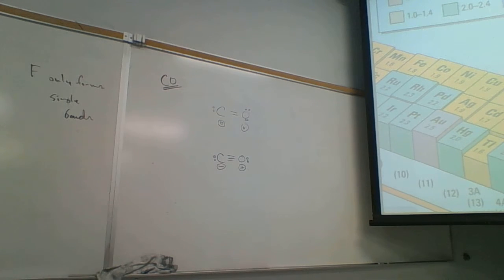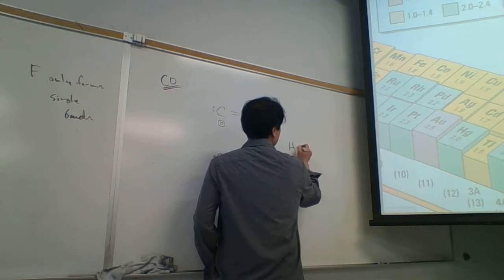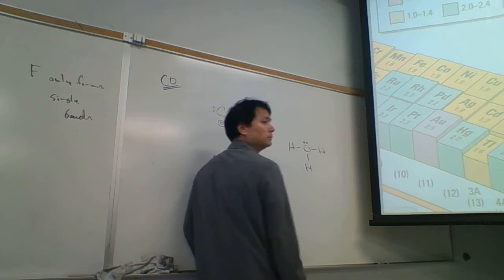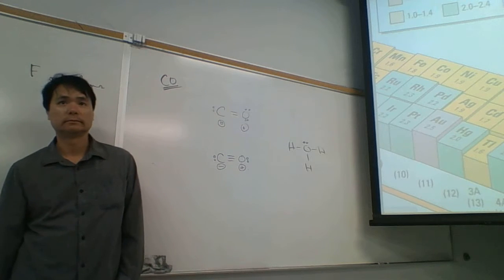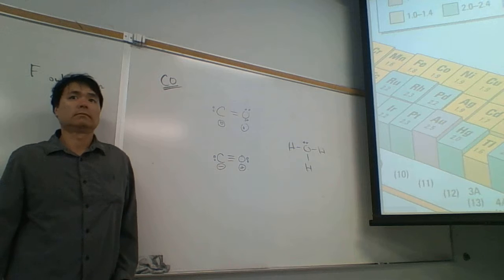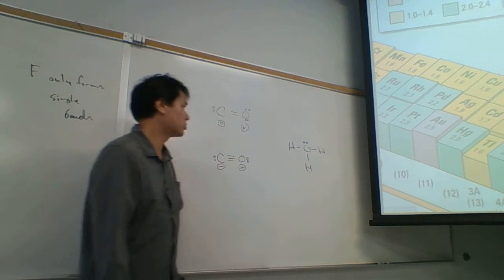We see oxygen with a positive formal charge in other species as well. So for example, this, you know what this is called? H3O. Well, what are the formal charges here?